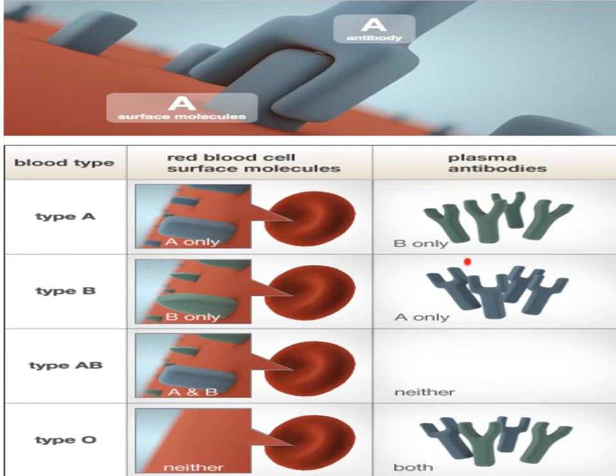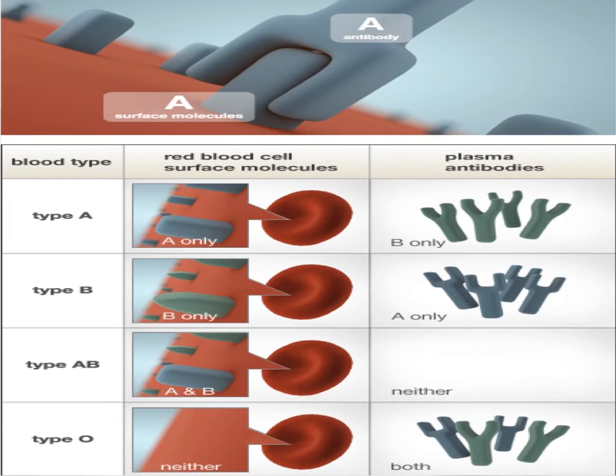So you're going to be fighting off type A blood. If you're type AB, you won't have any antibodies because you have both the A and the B antigens. And type O is the opposite of that, where there are no antigens, so you're going to have all of the antibodies. This is really important when you consider blood donation.